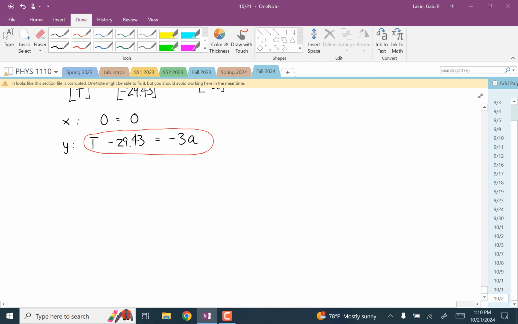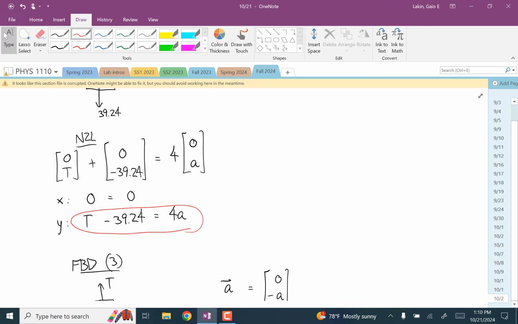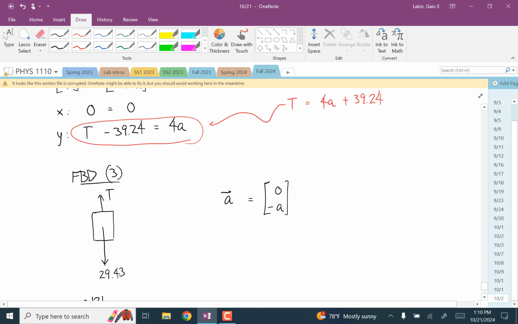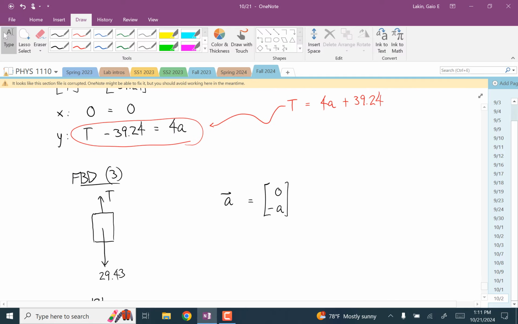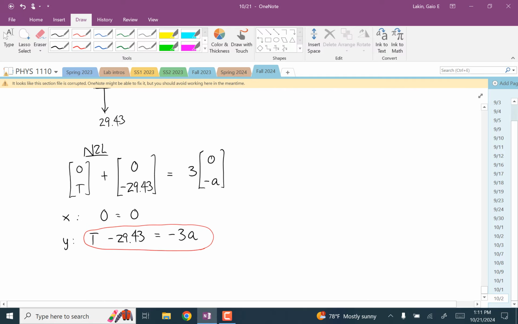I guess I'll say from this one, I'll rewrite this as T is equal to 4a plus 39.24. And then I'm going to put that in place of the T here.